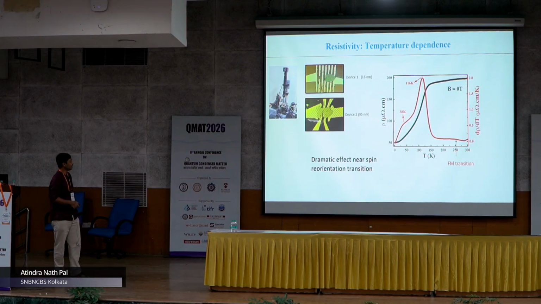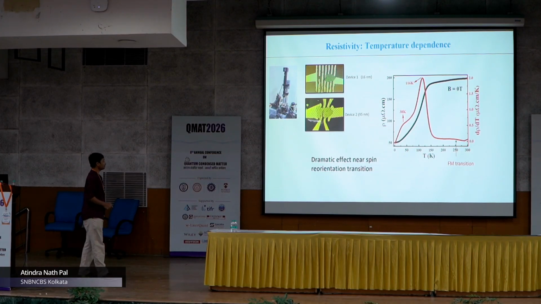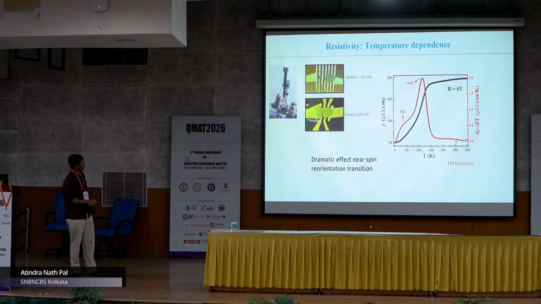Okay. So let's go to the resistivity versus temperature curve, and this black curve is the resistance versus temperature curve. Very interestingly, 270 Kelvin is the ferromagnetic transition, and in resistance there is almost no signature. But whenever it crosses 120 Kelvin or 30 Kelvin, in this range the resistivity decreases suddenly, and it actually becomes more metallic, right, its resistance decreases.